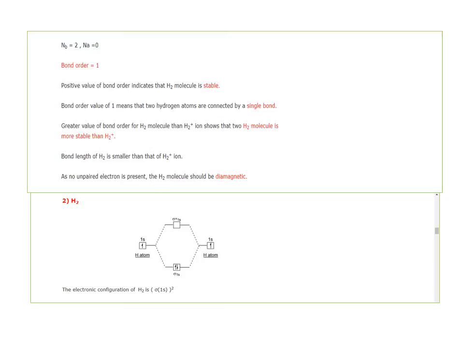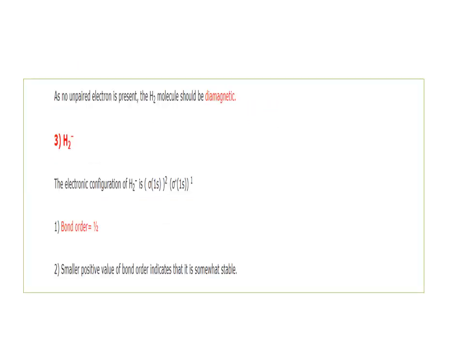It is 2, Na is 0, Nb is greater than Na, it means stable, and again bond order value is 1, so it is a single bond. And what about the stability of H2 and H2 positive? H2 is more stable than H2 positive, and there is no unpaired electron in H2, so it is diamagnetic.